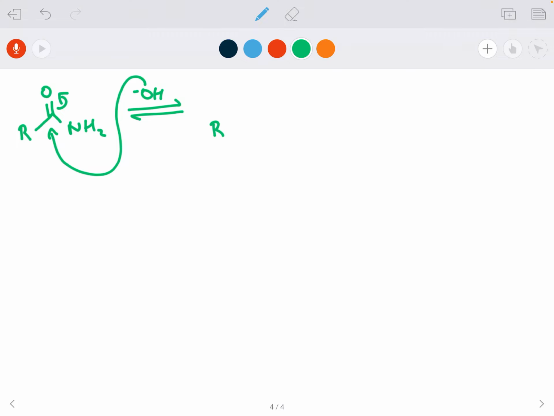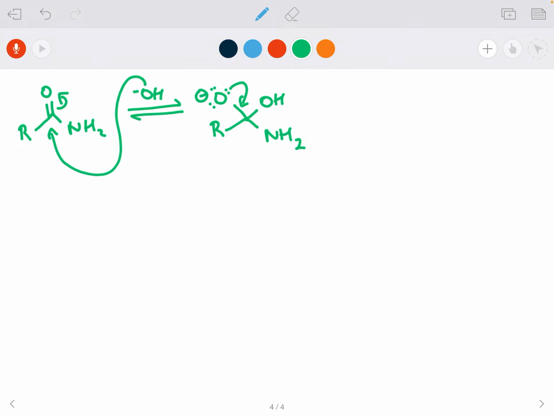Now the base catalyzed, much simpler, just like it was going from the nitrile to the amide. I can get a nucleophilic attack right away, since I have a strong nucleophile. And since I'm in basic conditions, NH2 can act as a leaving group. I don't need to protonate it first.